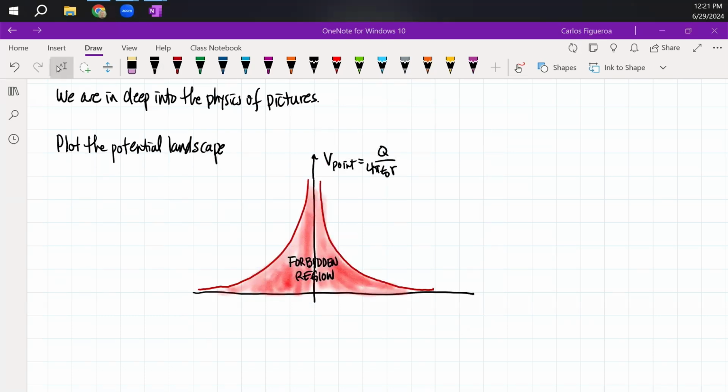The cause of all of this is, of course, a positive charge. This is the point charge, the source, which creates this potential landscape.